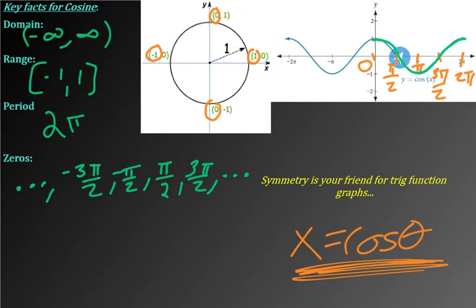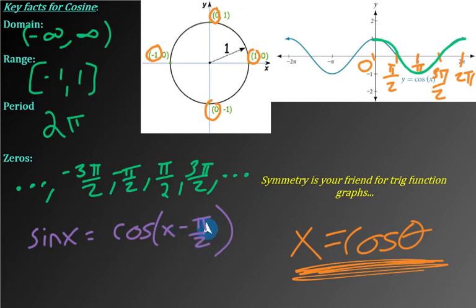Cosine is actually just, you can think of it as a shifted sine graph. It's shifted by this much. You can think of it like this: this is just a horizontal shift to the right, pi over 2, right?